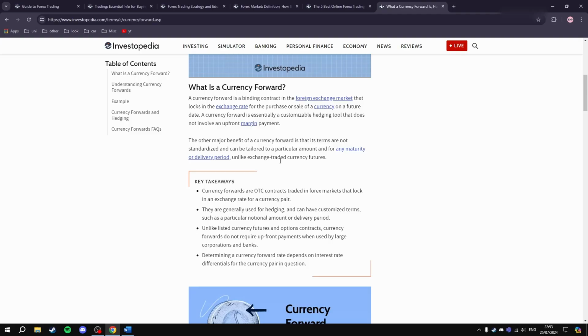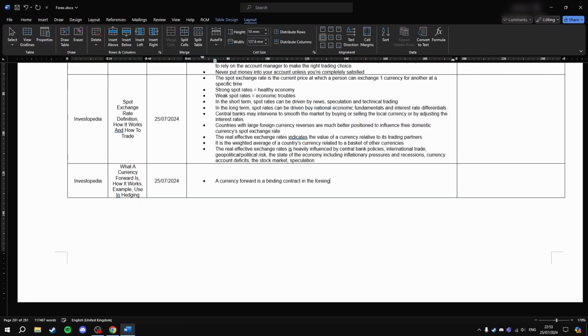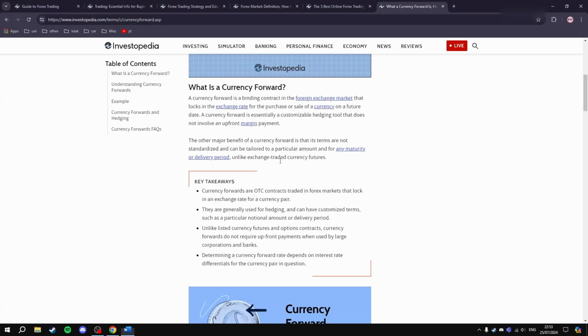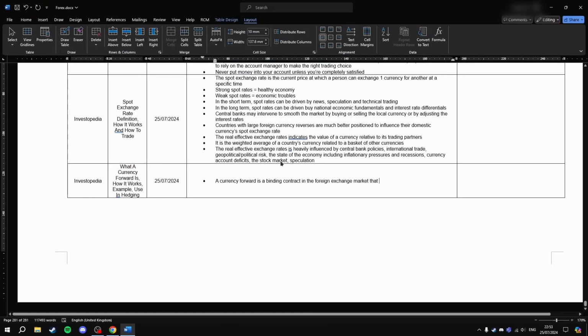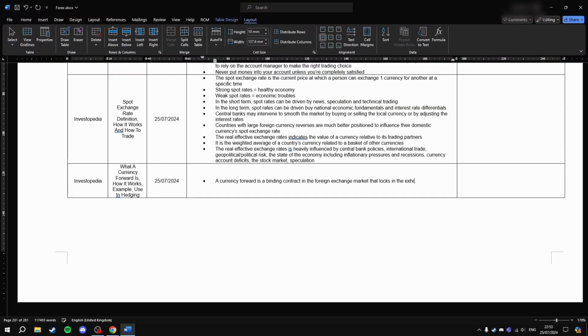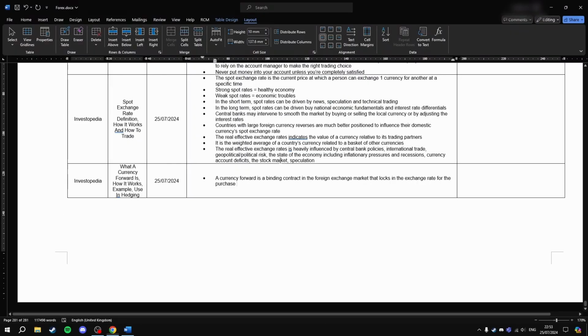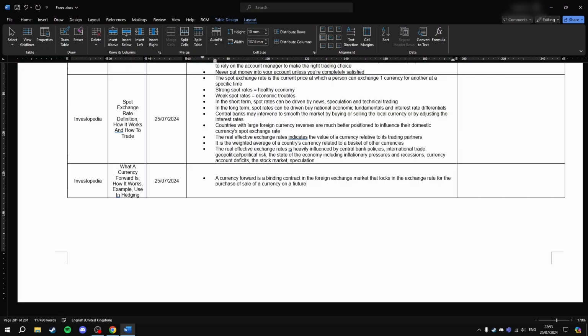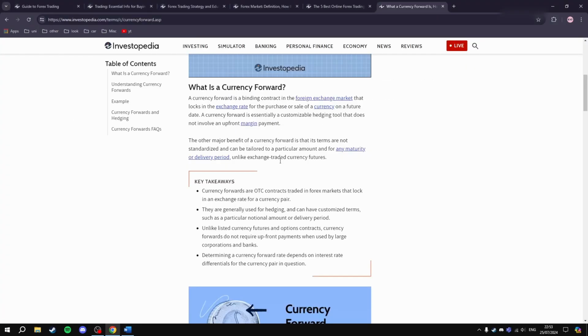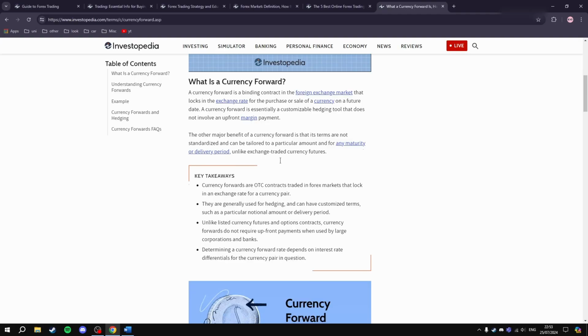A binding contract in the foreign exchange market that locks in the exchange rate for the purchase or sale of a currency on a future date. A currency forward is essentially a customizable hedging tool that does not involve an upfront margin payment.